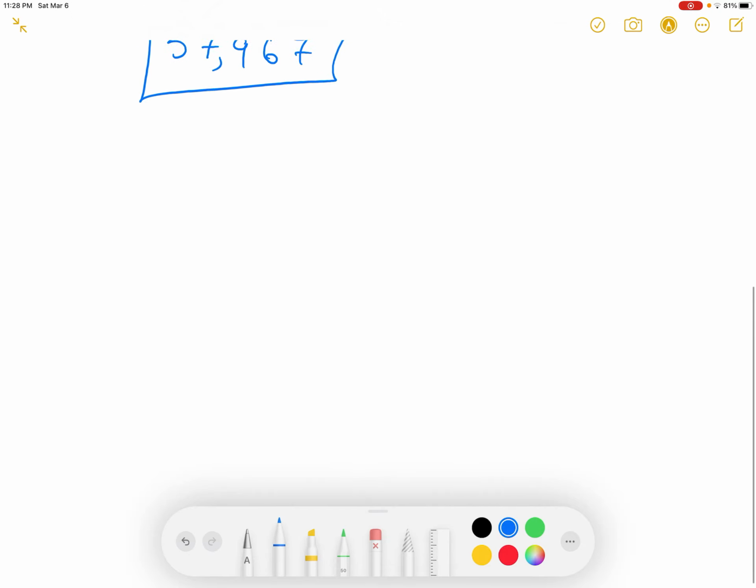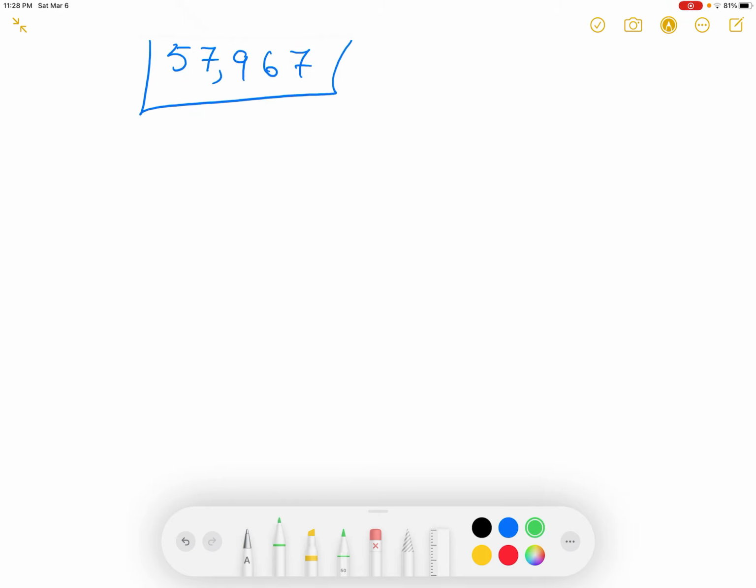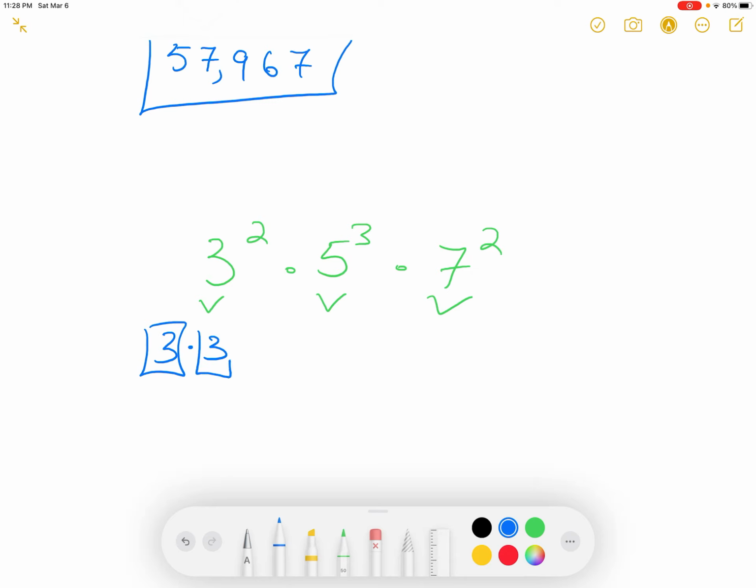You could do that with 3 numbers. For example, if you had 3 to the second power times 5 to the third power times 7 to the second power. First, you write this out in expanded notation. This is going to be 3 squared, which is 3 times 3, 2 boxes for the number 2 up here.